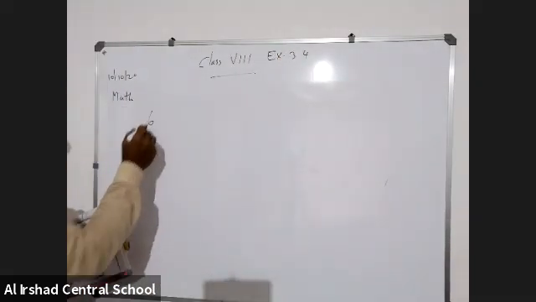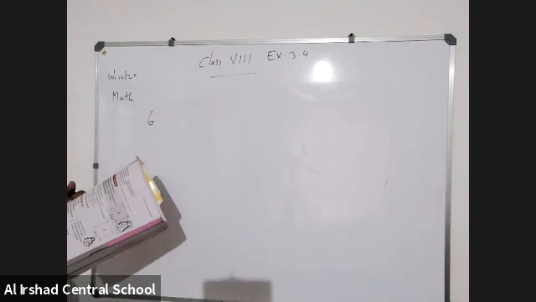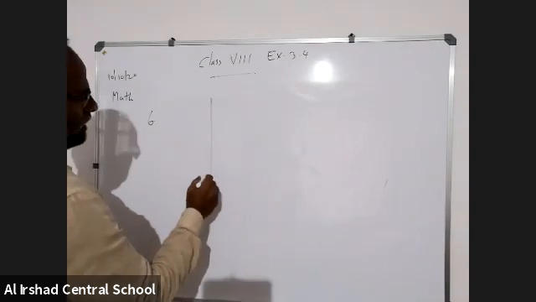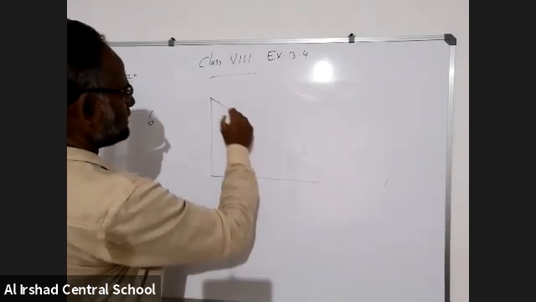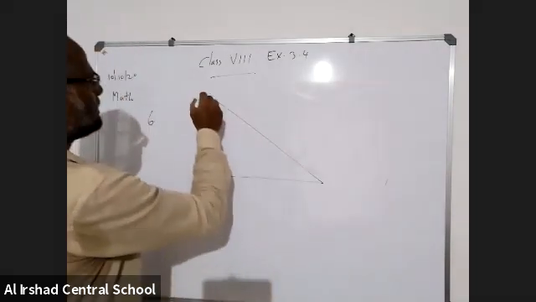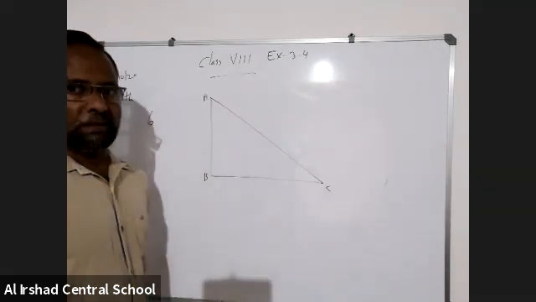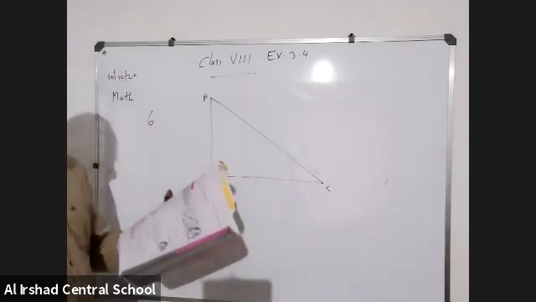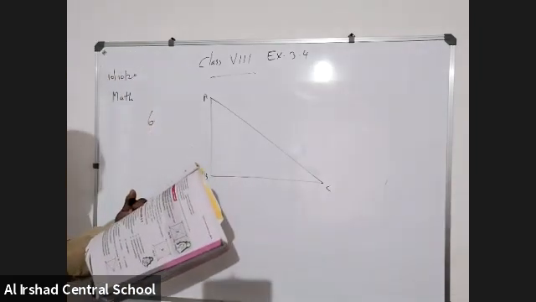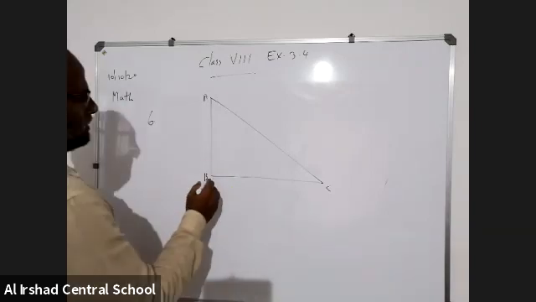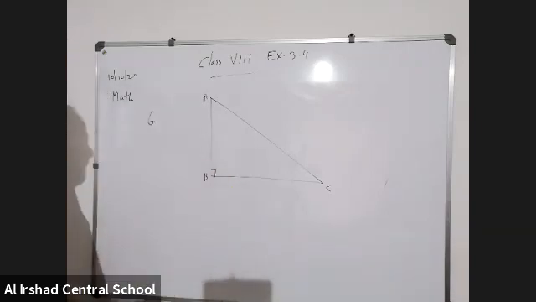Sixth question. ABC is a right angle triangle. Draw ABC first. Here is the 90 degree angle, right angle triangle ABC.